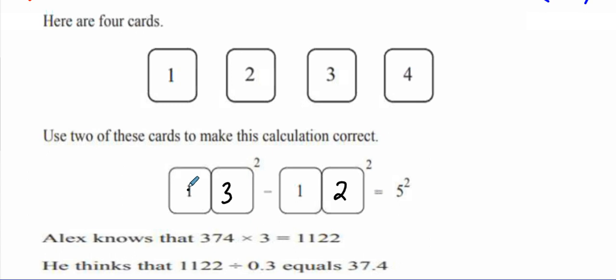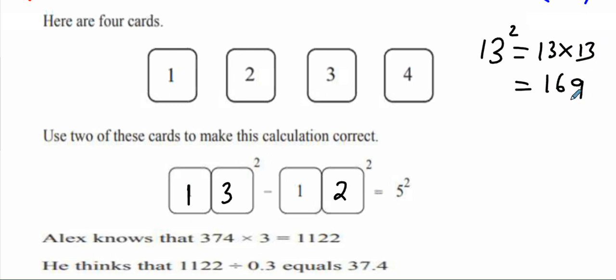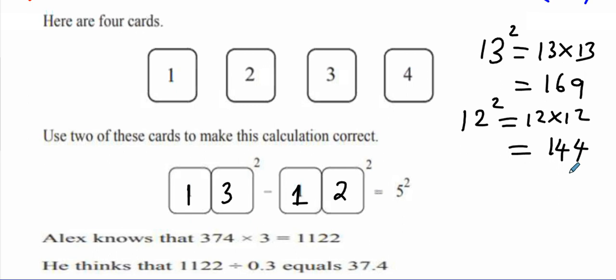Okay, now the number becomes 13 squared. 13 squared means 13 times 13. And what is 13 times 13? This equals 169. How about this number here, 12 squared? 12 squared is the same as 12 times 12, and this equals 144.